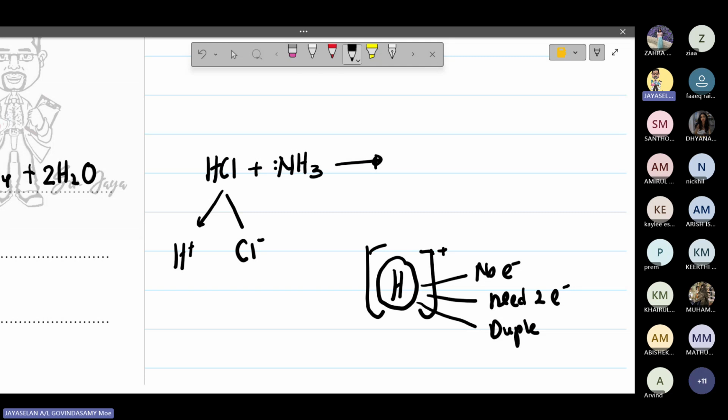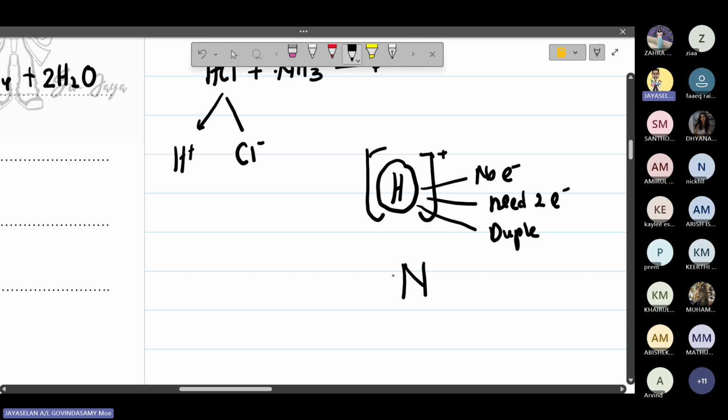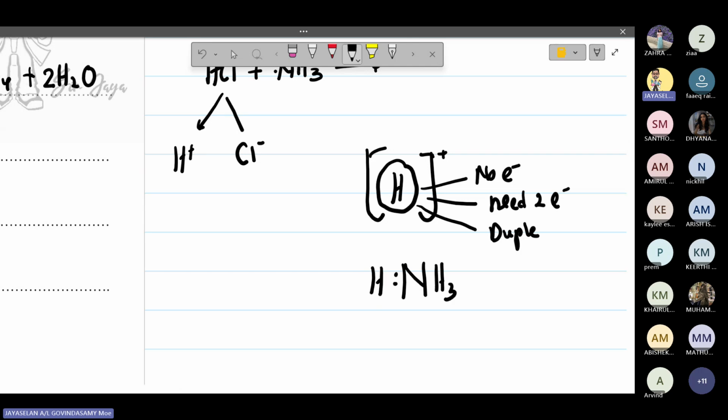So this chloride ion, lone pair of electron. So what will happen? The hydrogen ion will go and combine with the lone pair of ammonia nitrogen, and they will form what ion? Ammonium ion. What type of bonding is this? We call dative bond.